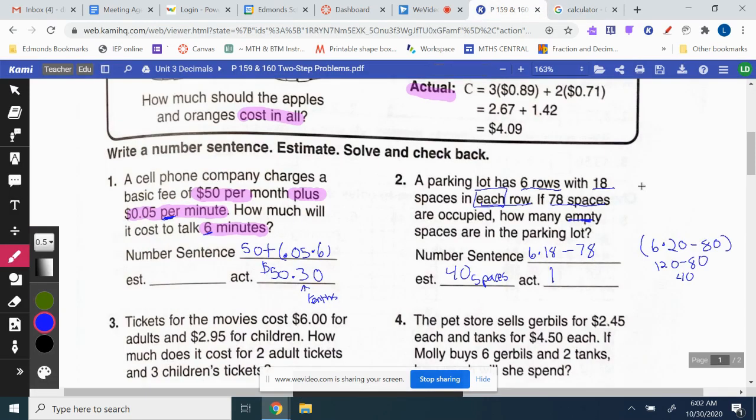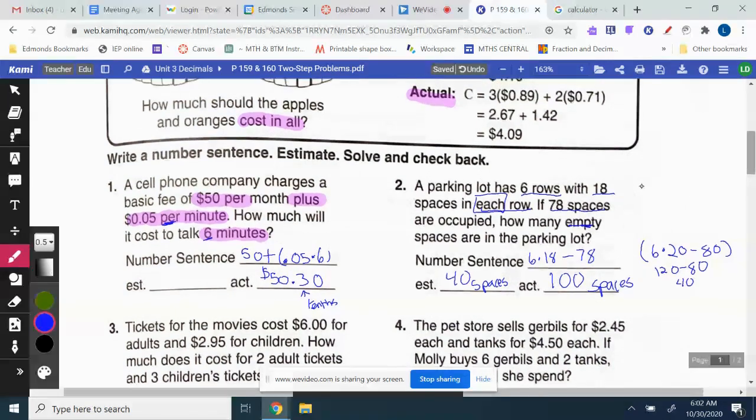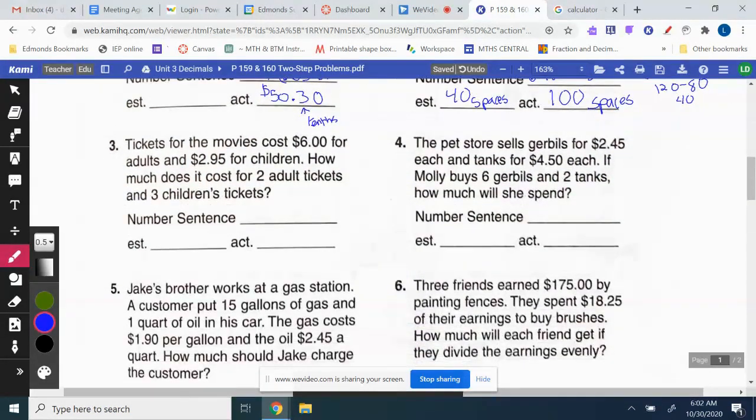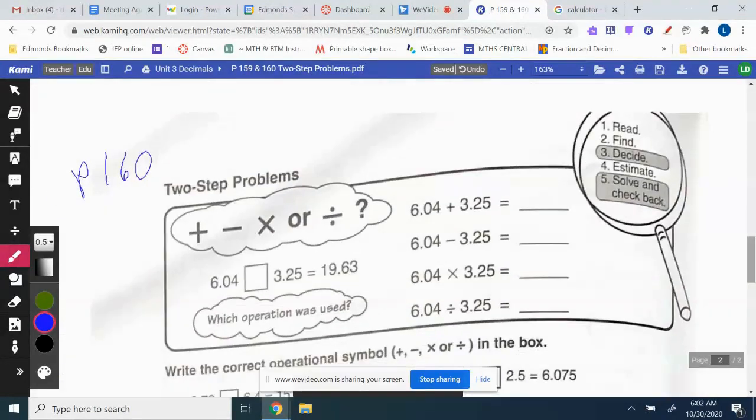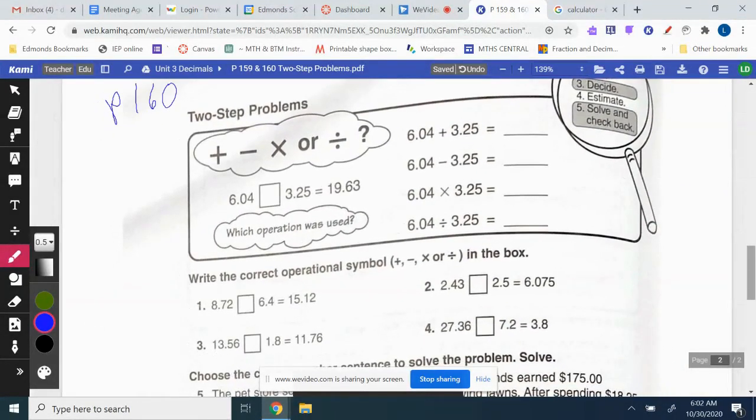So there are 30 spaces. All right. We're going to do the next 4 in class or on your own. So let's move down to page 2, page 160.